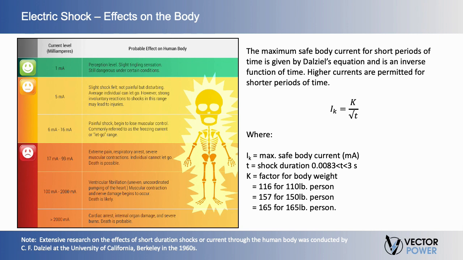In the equation, we see I sub k equals k divided by square root of t, where I sub k is the maximum safe body current in milliamps, t is the shock duration, and k is a factor for body weight. Shock currents below the threshold determined by this equation, although not lethal, may be painful and cause involuntary movement.